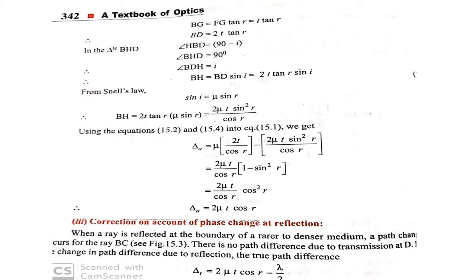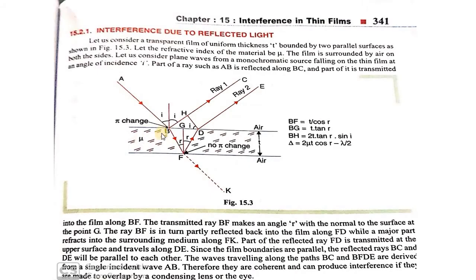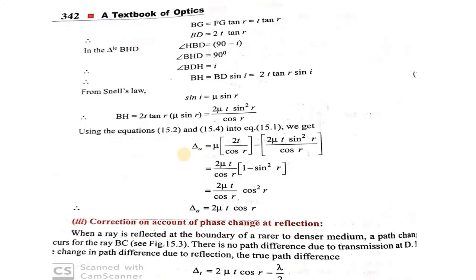We found the path difference between the rays reflected from the upper and lower surfaces of a plane parallel thin film, which is the difference in length between the two interfering waves.